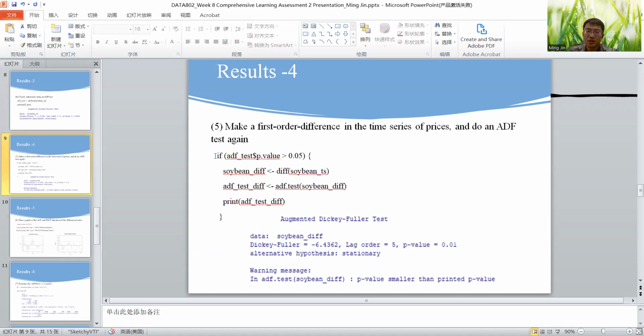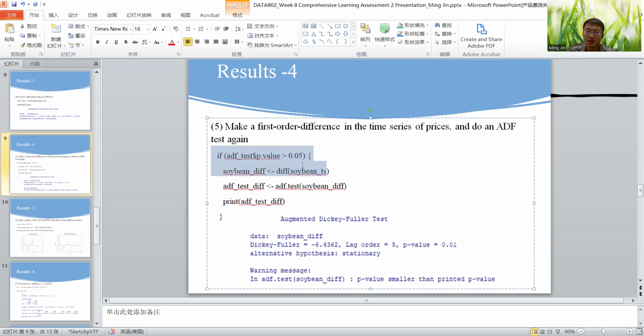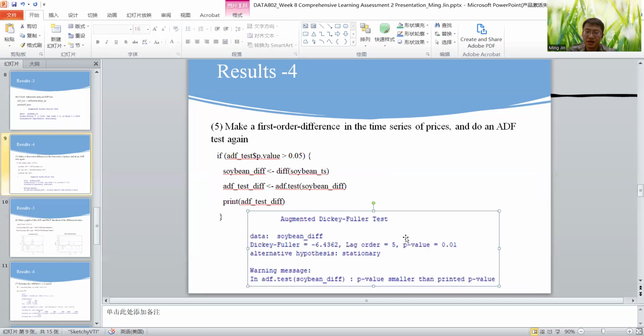So we can use this command in R to make the first order difference, and then do the ADF test again and print the result of the test. So from this ADF test, we can see that for the difference series, the p-value is now 0.01. So it is less than the 5% threshold.